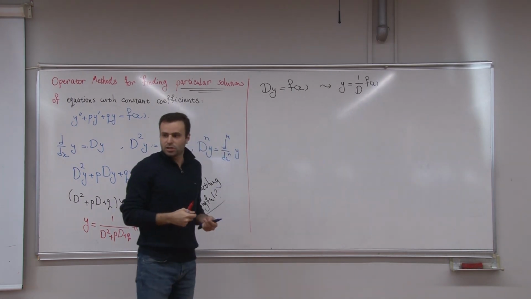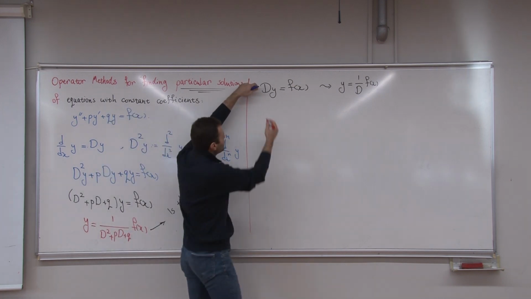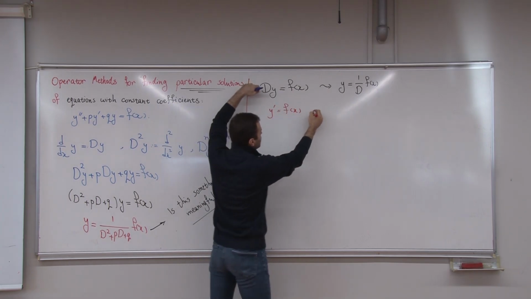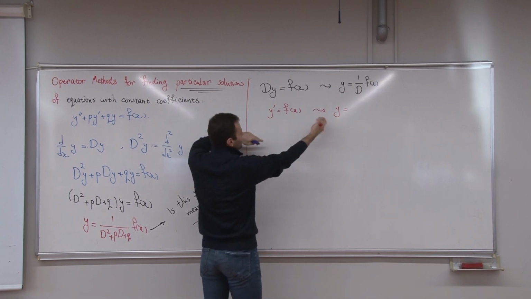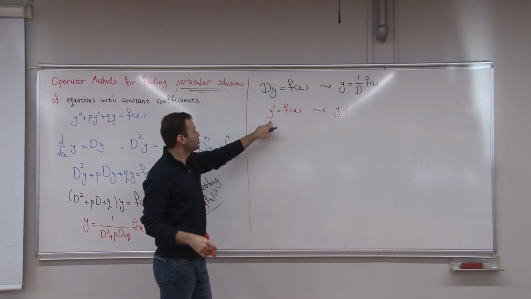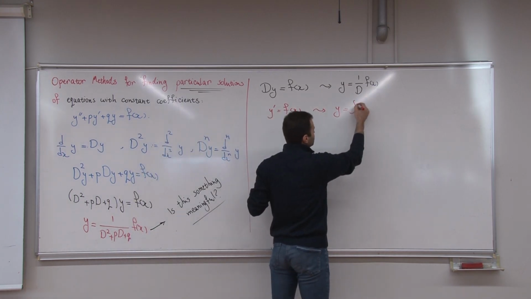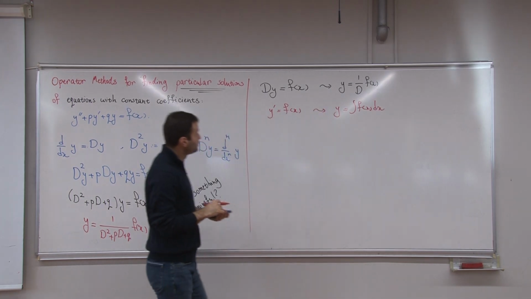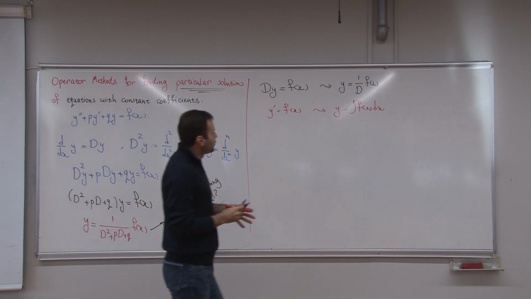Let's look at the picture from a different point of view. What is the meaning of this? This is y prime equal to f of x, right? If I want to write y, how can I turn this into y? By integrating, right? So this is going to be the integral of f of x dx. Do you see any valid candidate for this definition?